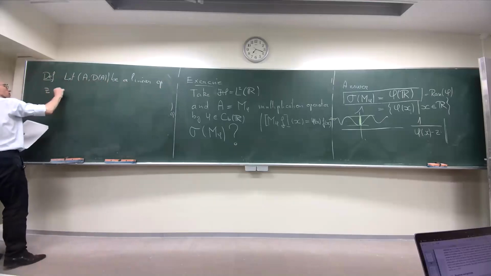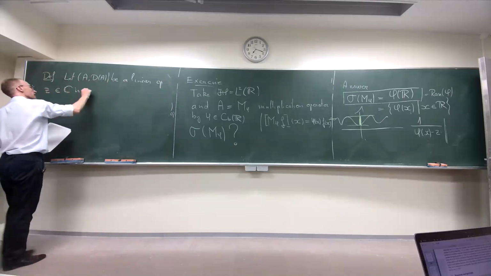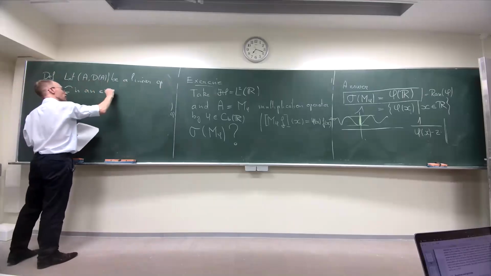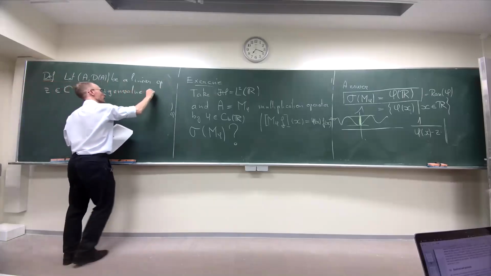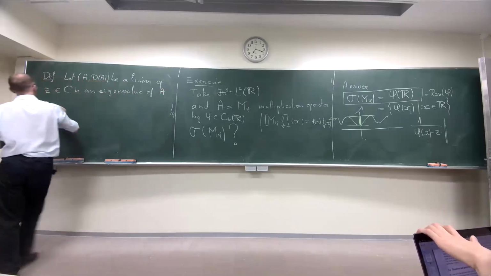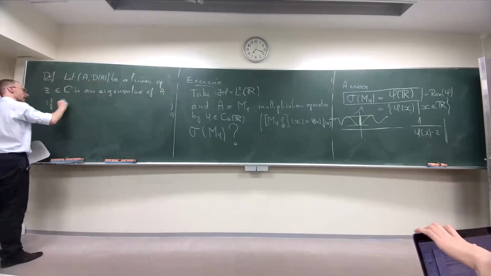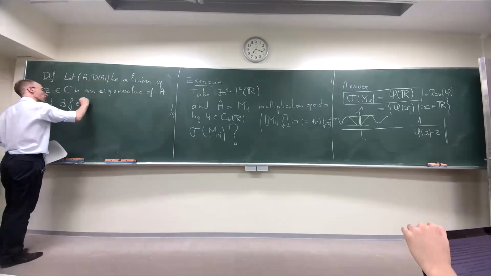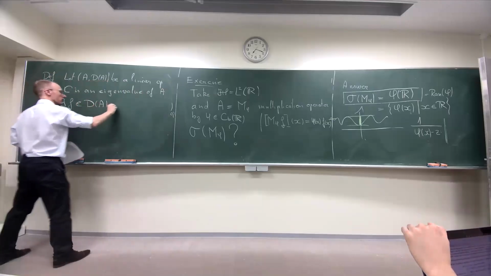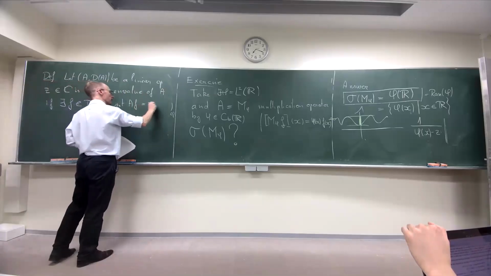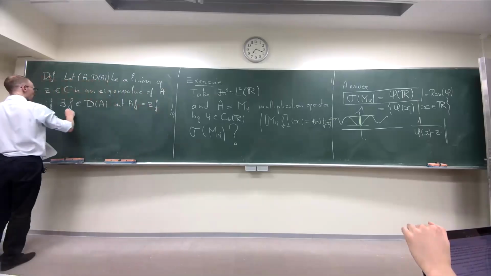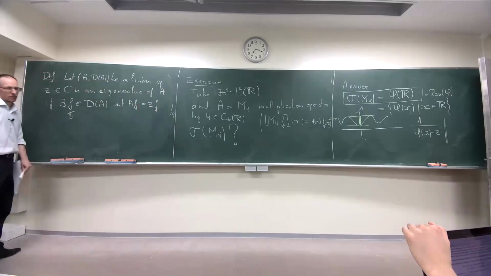Z, a complex number, is an eigenvalue of A if there exists f, be careful, in the domain of A, such that Af is equal to zf. And I'm assuming f is not 0. Otherwise, it's a little bit stupid.